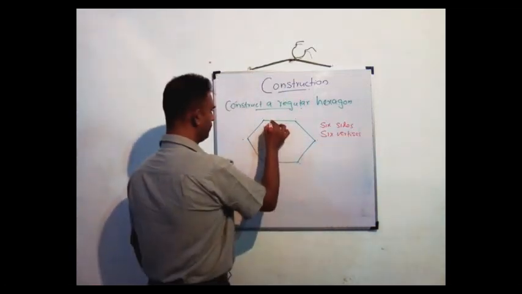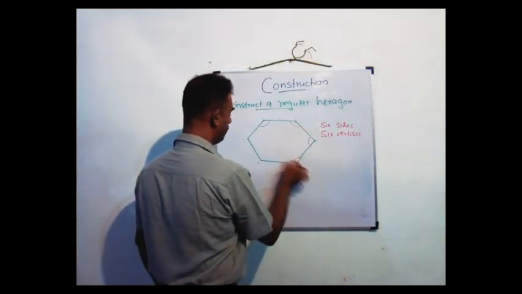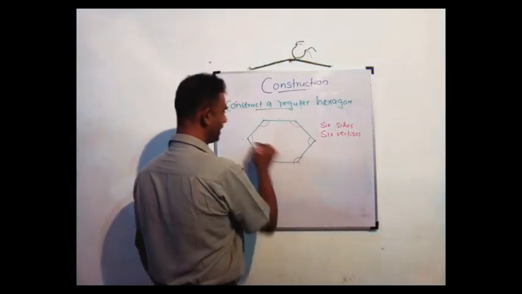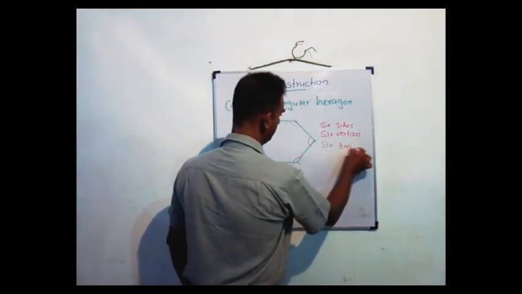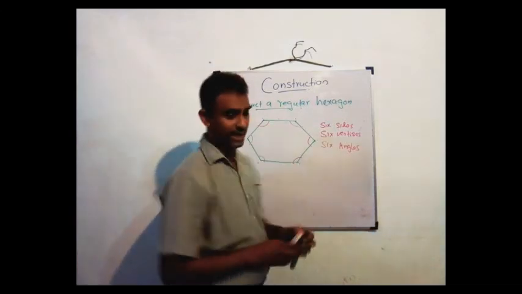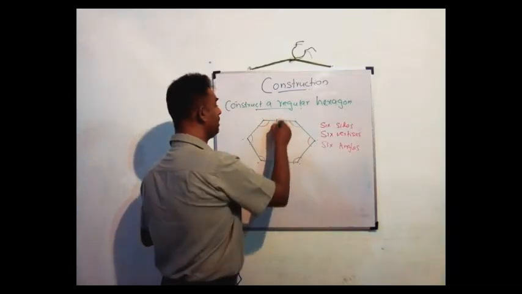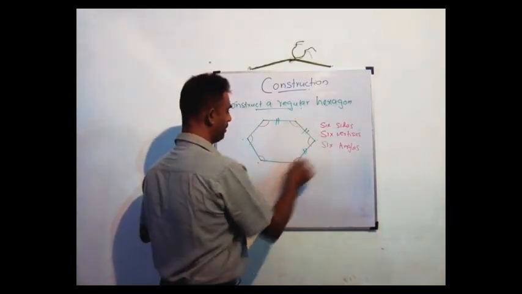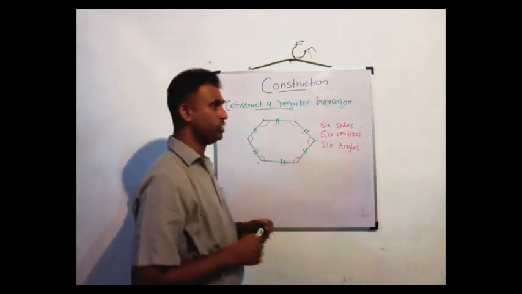Next one, 1, 2, 3, 4, 5, 6. 6 angles. These six sides, right? All sides are equal to each other.